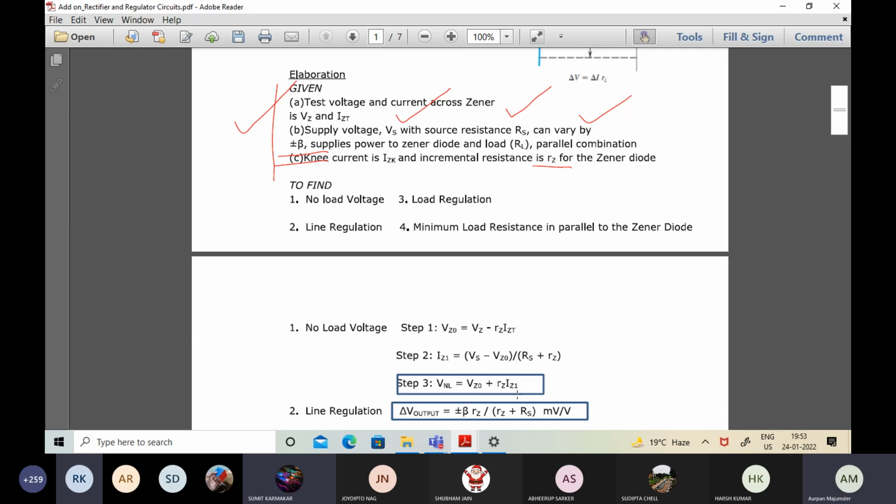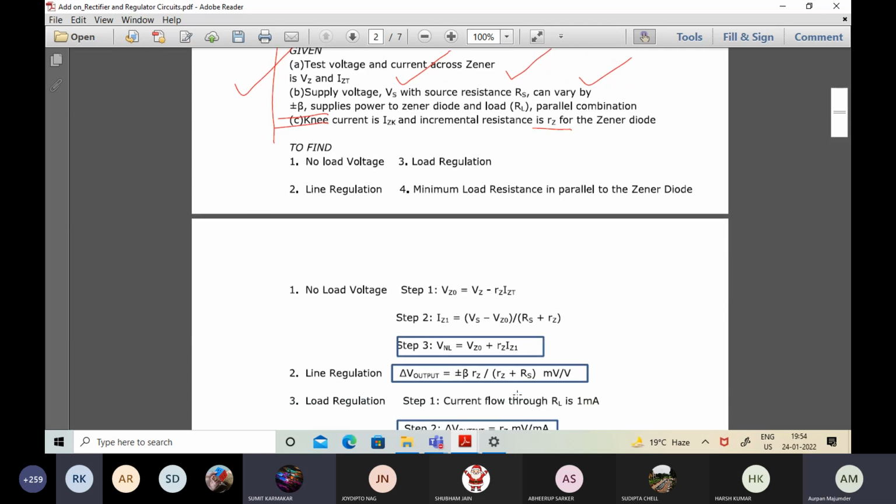The Zener diode will not play any role, hence no regulation, zero regulation, complete failure of the circuit. So the resistive value should at least be higher than the minimum load resistance, which you find out depending on the values and specification sheets given. So that is the point of consideration that we are going to go through under point number 4.